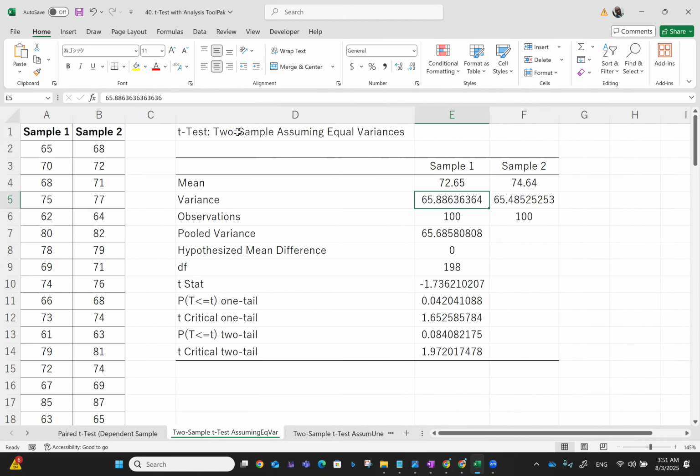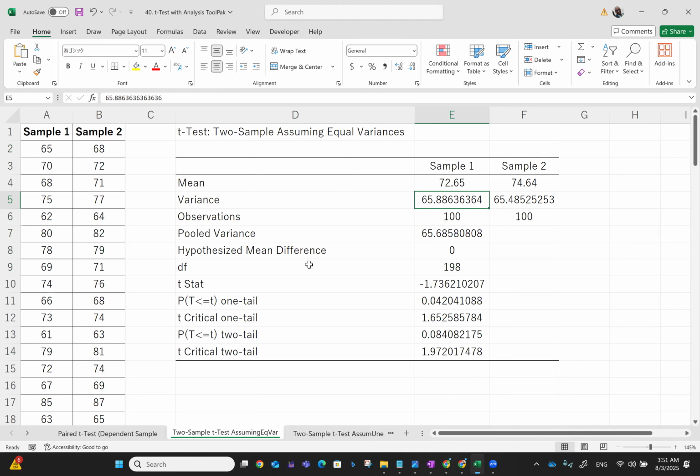So, of course, you see t-test two samples assuming equal variances. The mean for the first sample is 72.65, 74.64 for the second sample. Variance is 65. So, very close, but the variance for the second sample is smaller, with 100 observations. The pooled variance is now 65.68, so that's where you have something like S1 and S2 and all that.